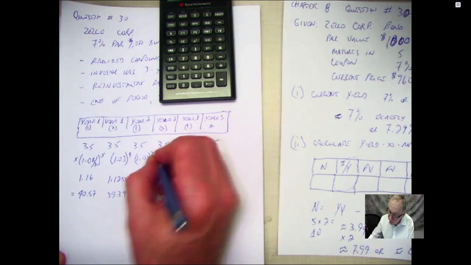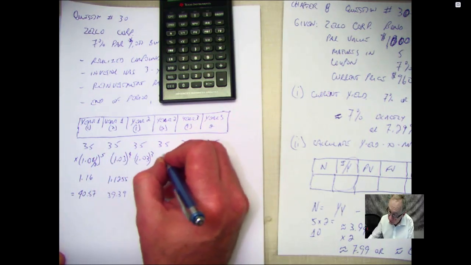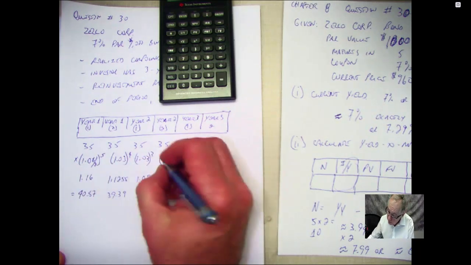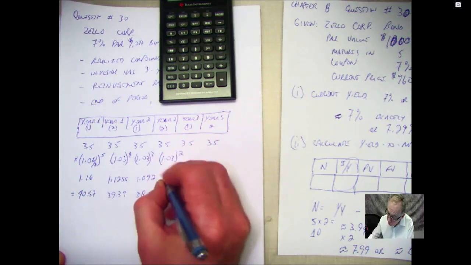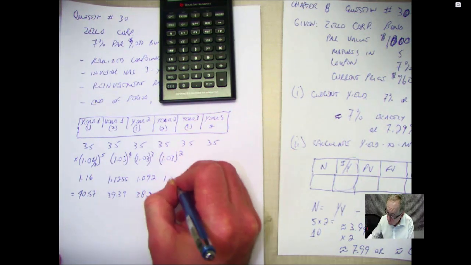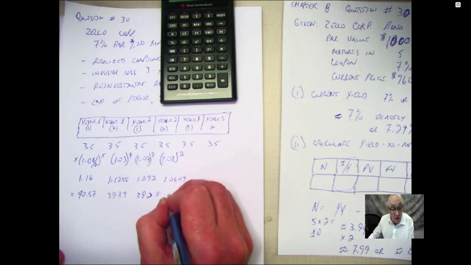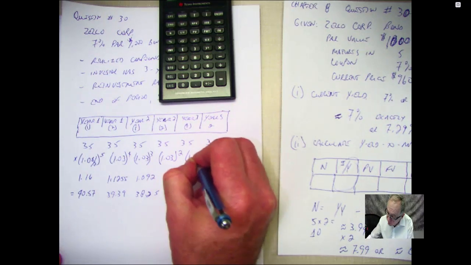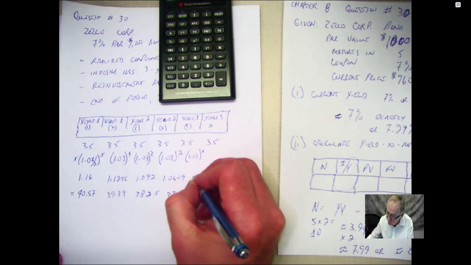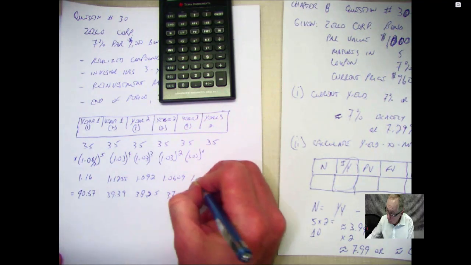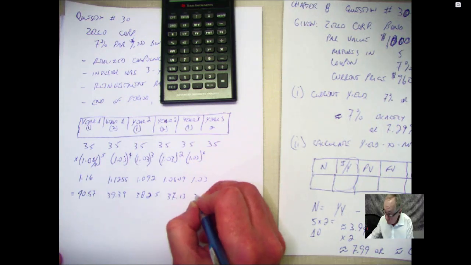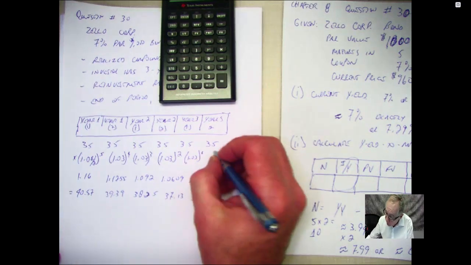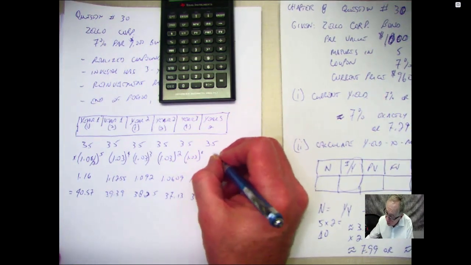For year 3, part 1, with 2 periods, this is 1.03 squared, our compounding factor 1.0609, giving us $37.13, and now 1.03 to the 1, and $36.05.